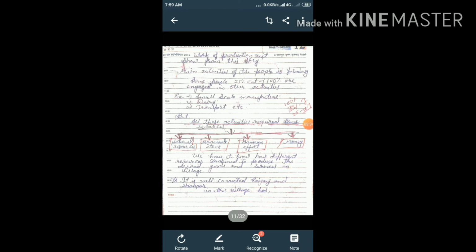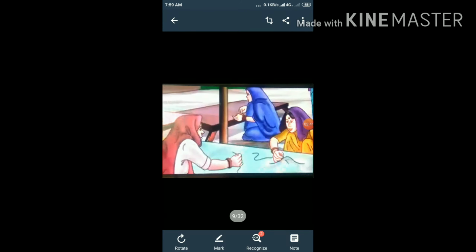For example, I write here small scale manufacturing, dairy, transport, etc. See here, this one is the small manufacturing work, which is not done in a large place, it is a small place. Using a small place they are doing manufacturing work. This one is the farming activity which is done in this village. And in this we can see so many activities.